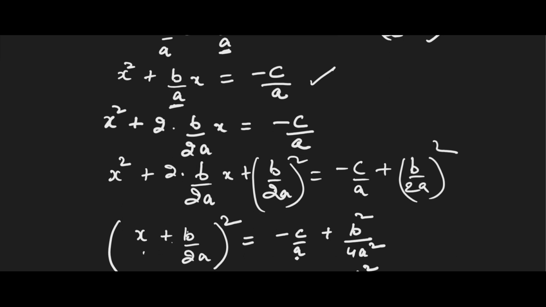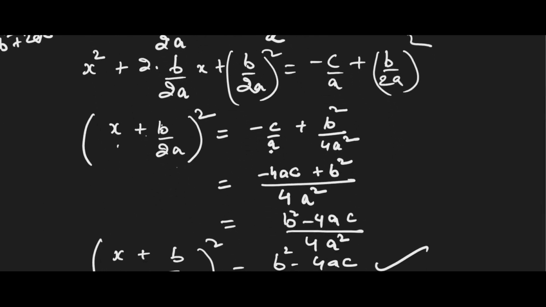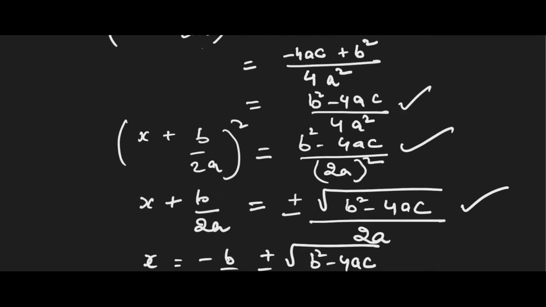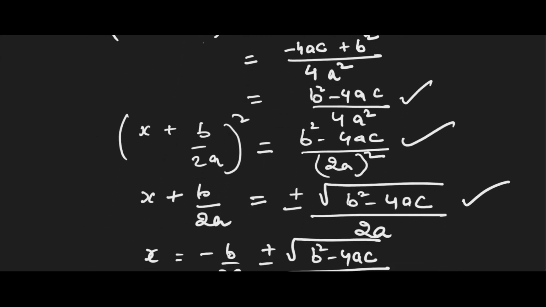So this is, I am using the formula a plus b square is equal to a square plus b square plus 2ab. On simplifying the right hand side, taking the LCM, I reached this step, and then I had the complete square on the left hand side and some constant on the right hand side.